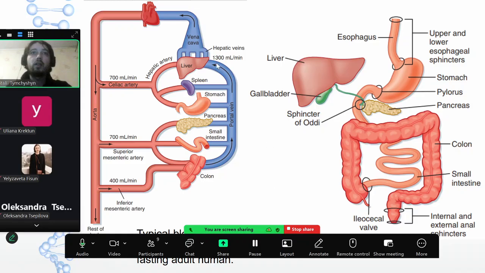Here on the left you see blood circulation, and here you see the portal vein. The portal vein takes up many different chemicals that are results of the digestion of food and brings all those things to the liver.